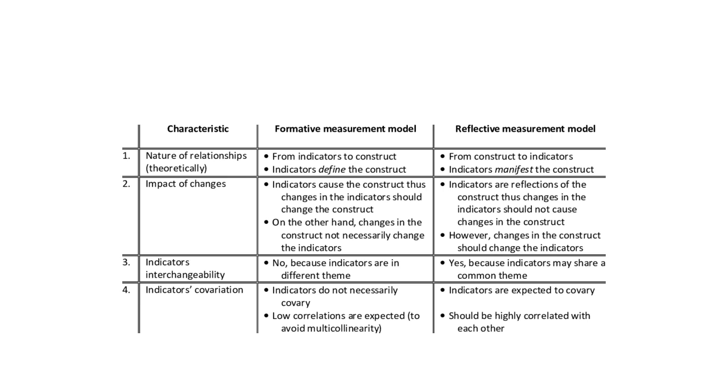If you see the reflective, from construct to indicator, it is about the arrow. Indicators, questions manifest the construct. So all the questions basically represent the construct. It reflects the variable, or in the other case it defines the variable, or forms the variable.